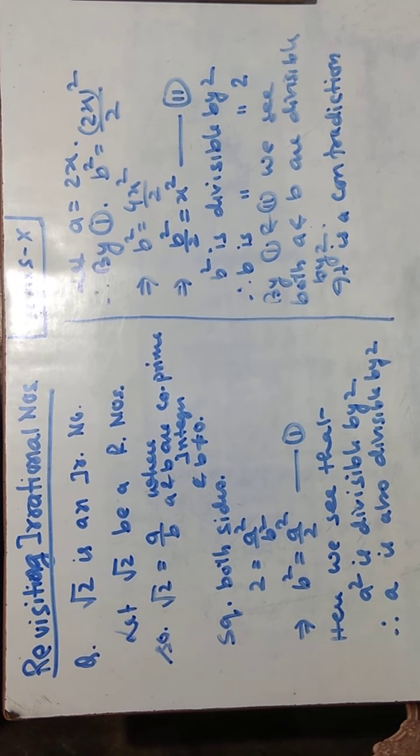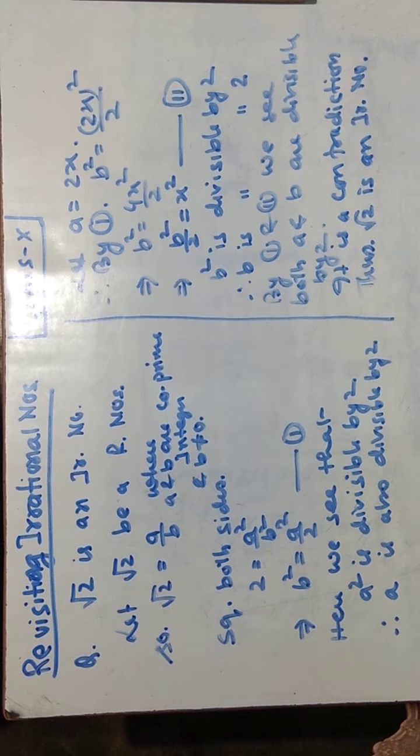Because we have assumed that a and b are co-prime integers, that means no other factor is common to a and b other than 1. But here we find 2 is a common factor to both a and b. Thus it is a contradiction. So our supposition is wrong, and thus root 2 is an irrational number. This is the proof that root 2 is an irrational number.